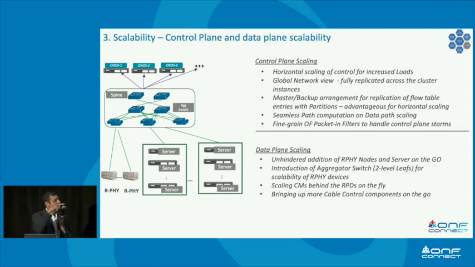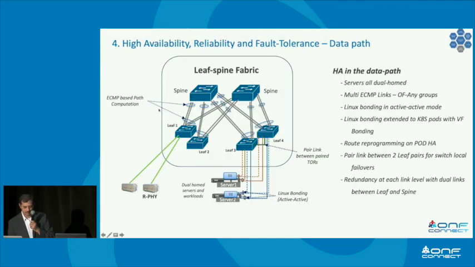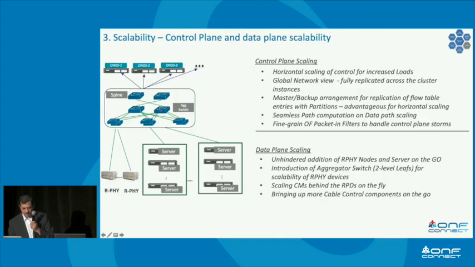And in this, if you see, okay, I'll use this, sorry. Here we use something called aggregator switches. This is slightly new in the concept of Trellis. Other than the leaf spine, this is another pair of spine kind of thing, where all our end leaves, which we call DAS, where the RPDs aggregate, terminate onto this aggregator switch.